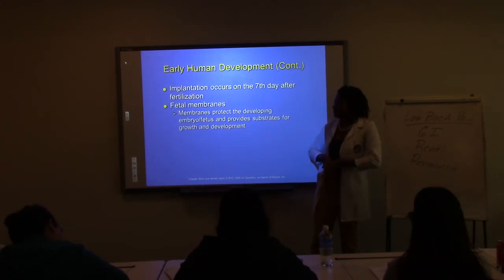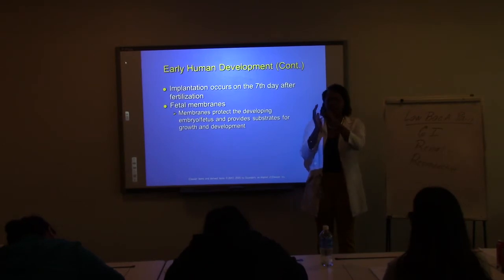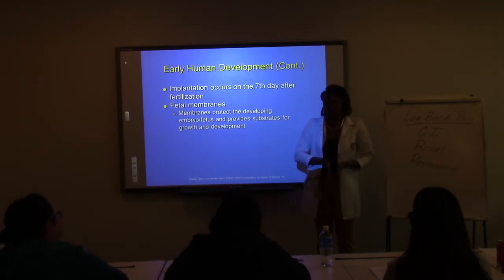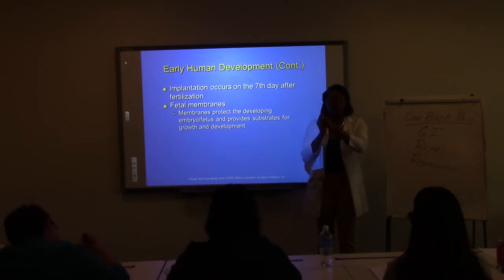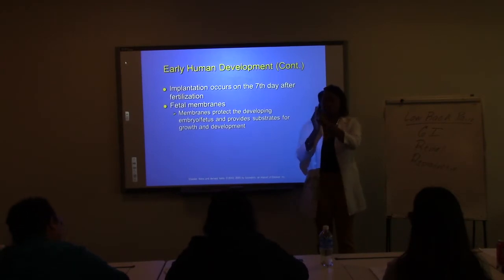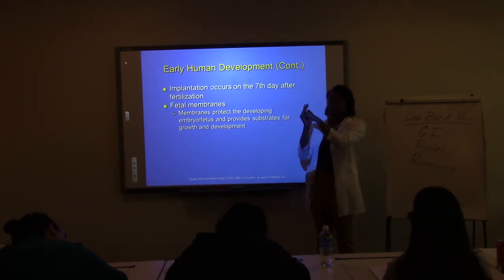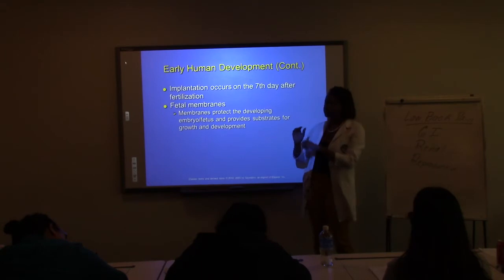Please understand that these cells, or the zygote, are actually sitting on the wall of the uterus. It's not sitting right in the middle. It's on the wall of the uterus first for a time period until the placenta is formed. Once the placenta is formed, then it can move to the middle. So I want you to understand it's actually on the wall of the uterus.